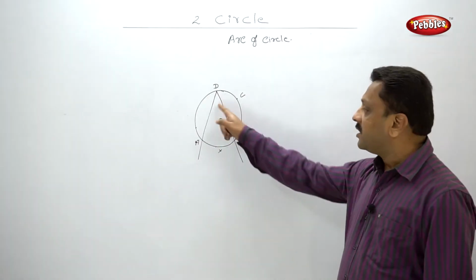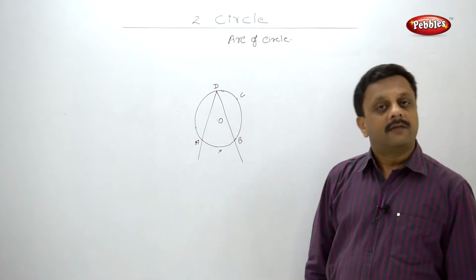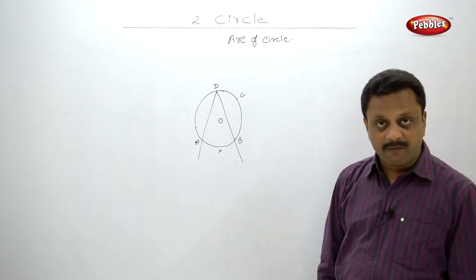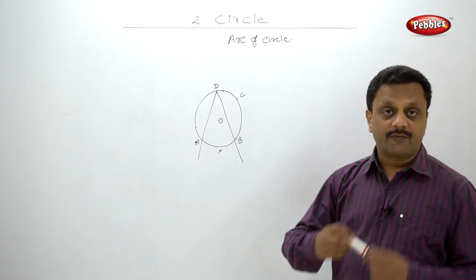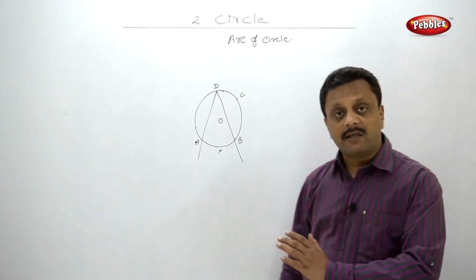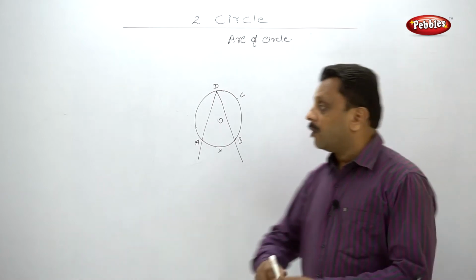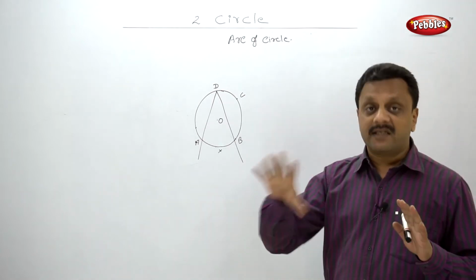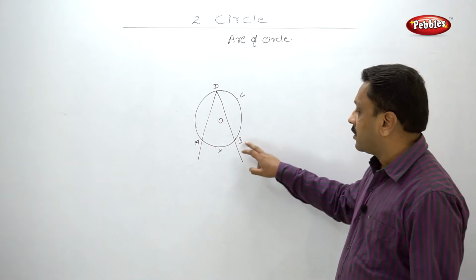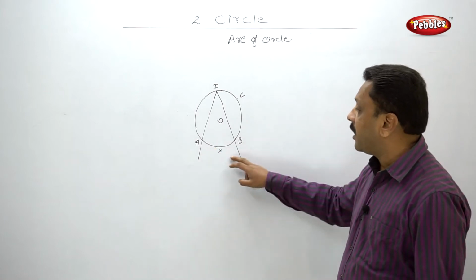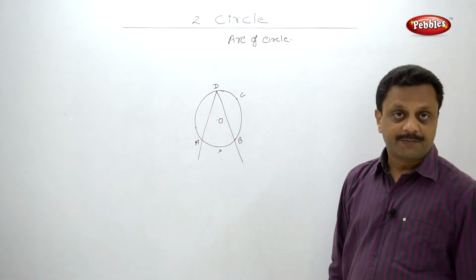That means this angle intercepted this arc. Simple way, because many students get confused between intercepted arcs and inscribed angle. Now when I say intercepted arc, arc is there. So this is an arc and this is called the intercepted arc by angle ADB.